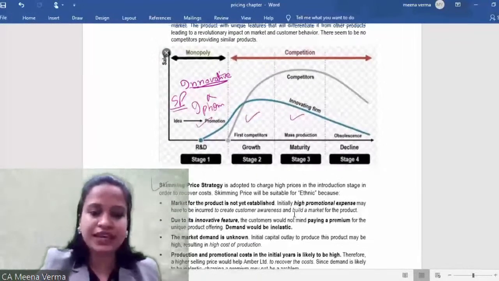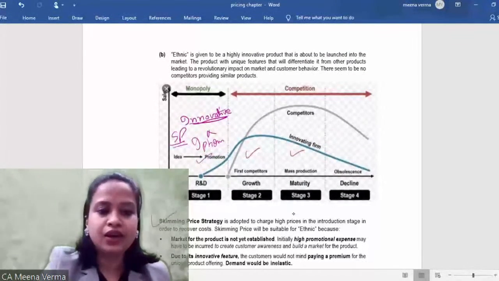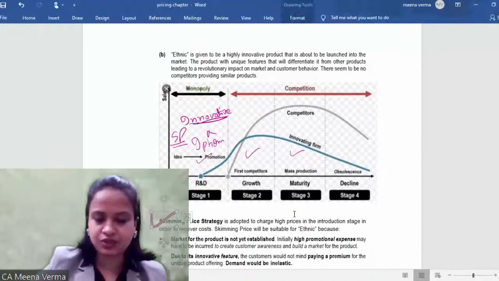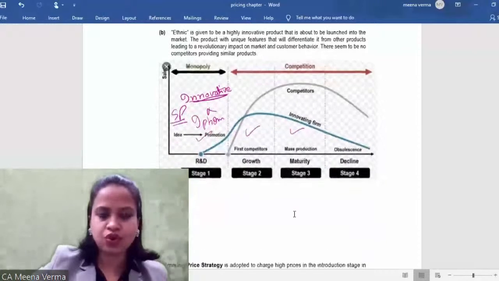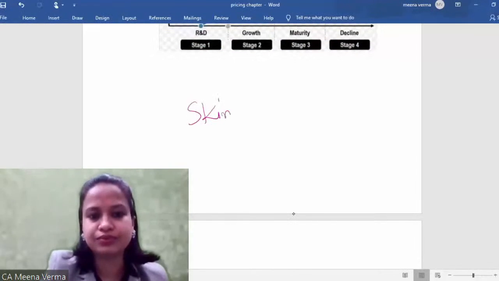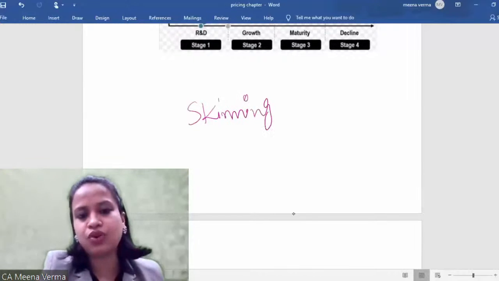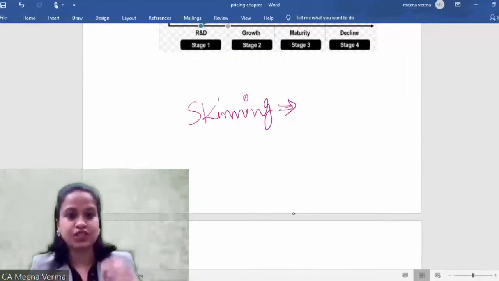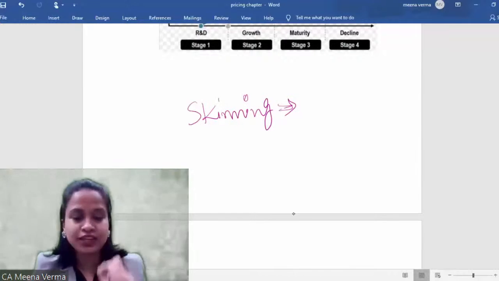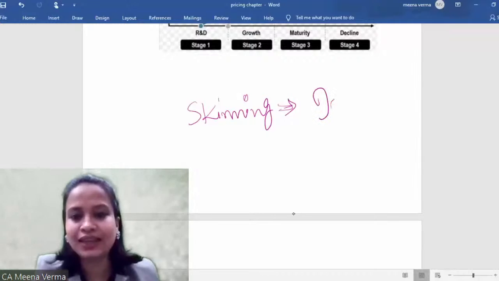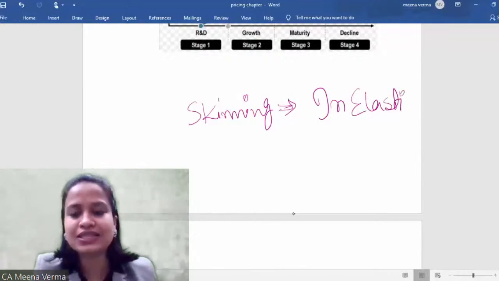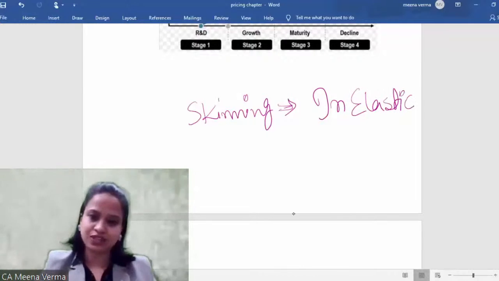But remember one thing: if you want to follow skimming pricing strategy, always remember that the market will be inelastic. ठीक है, if the market is inelastic, you will follow skimming pricing strategy.